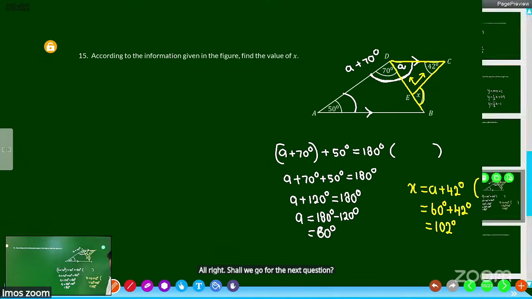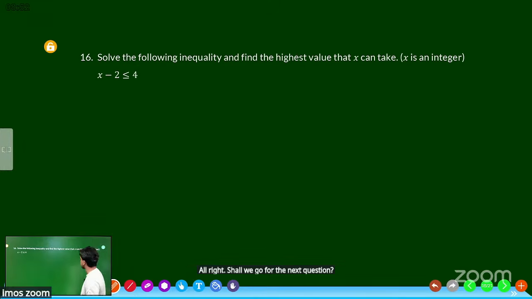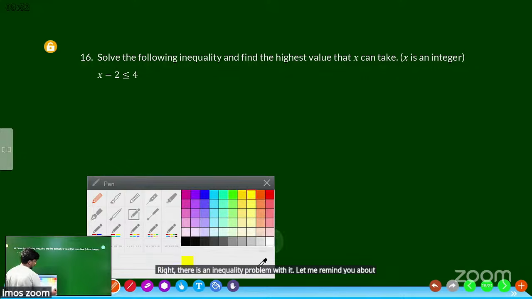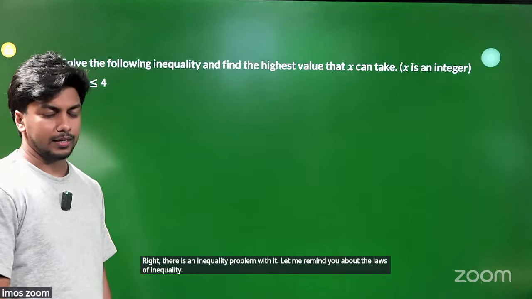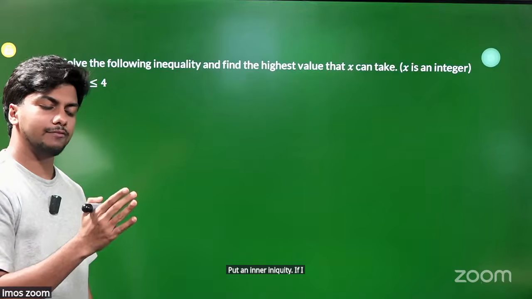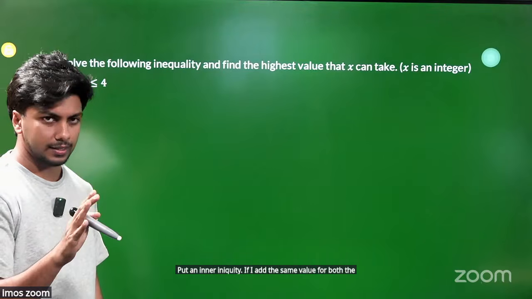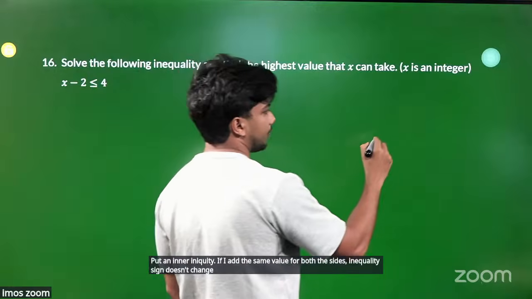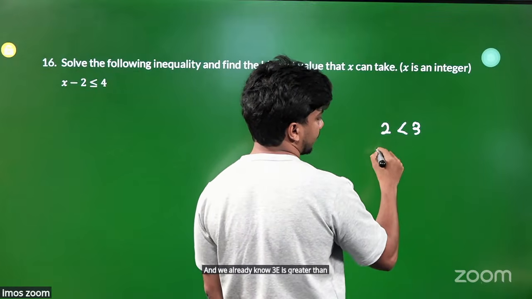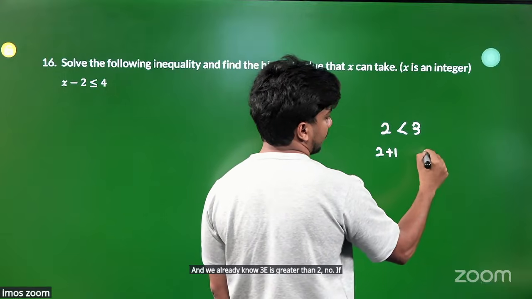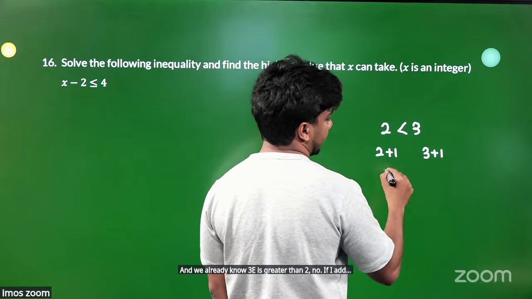Right. There is an inequality problem. Son, let me remind you about the laws of inequality. In an inequality, if I add the same value to both sides, the inequality sign doesn't change. For example, we already know 3 is greater than 2. If I add 1 to both sides, here it is 3, here it is 4.